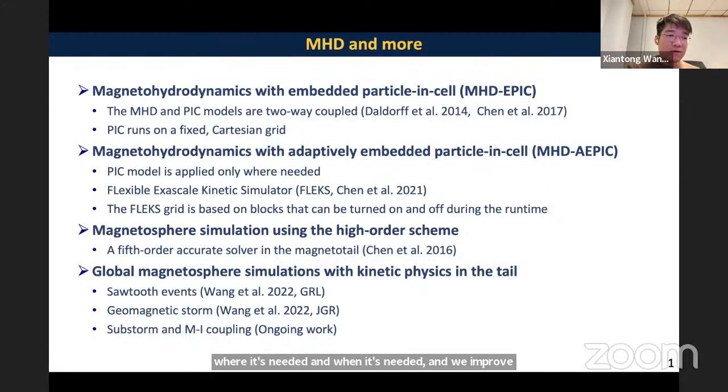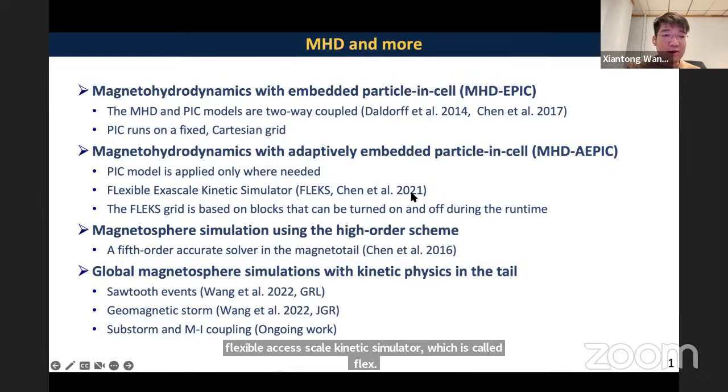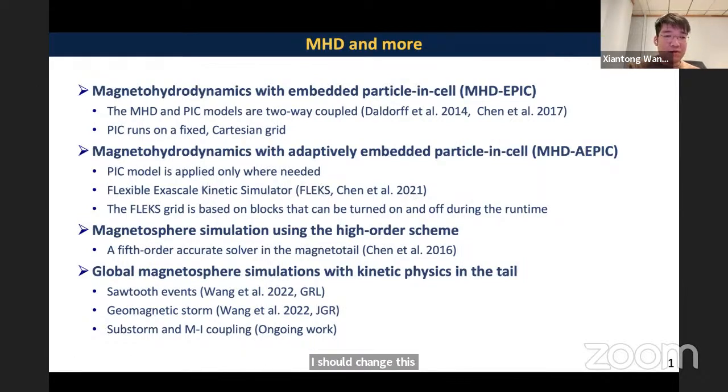And we improved our particle-in-cell model, which is now called the Flexible Exascale Kinetic Simulator, or FLEKS. I should change this citation here, because this paper was just accepted in Computer Physics Communications. The FLEKS grid is based on blocks, so it can be turned on and off during runtime.